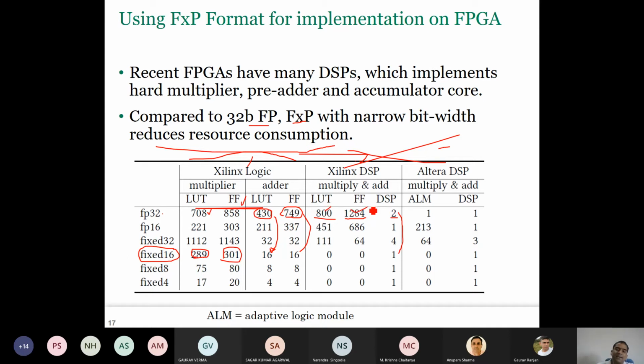All of that with just one DSP. So that means, especially on FPGA, working with lower precision is much more useful than it was probably on GPU or CPU. Okay, is it clear? This point, any questions on this? You don't have to remember these numbers. This is just for example.